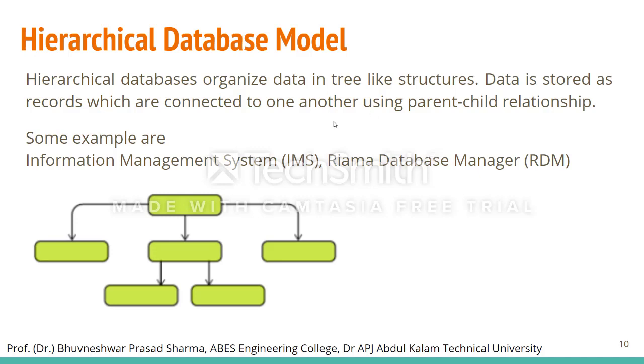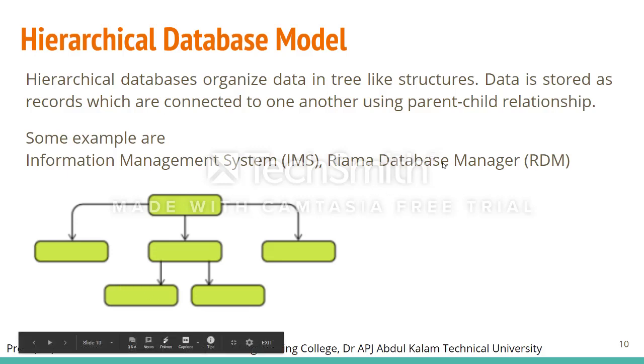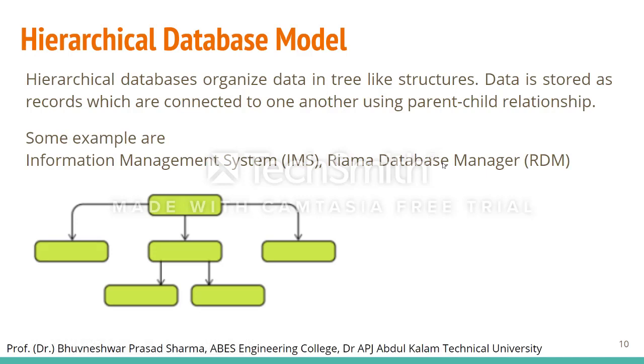Here you can see a parent node, then child nodes, and each child node can again have child nodes. Take the example of your family tree, where you have your grandpa, then your father, your uncle, your sisters and brothers and others. It's the same architecture you can think of in a hierarchical database model.